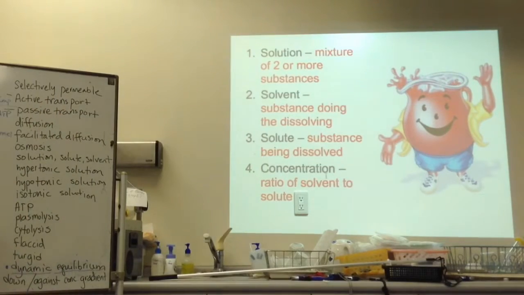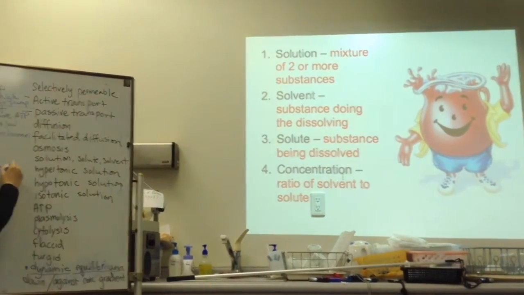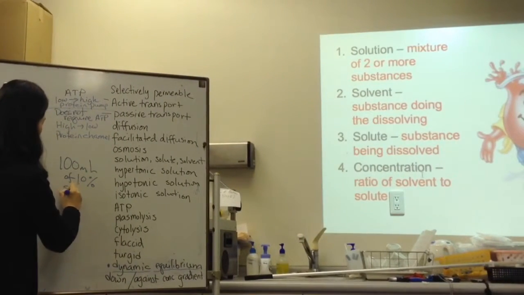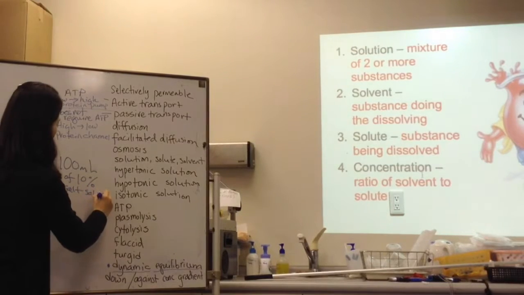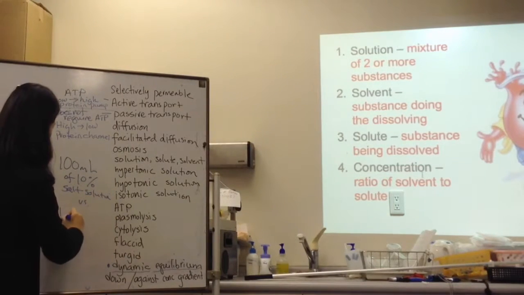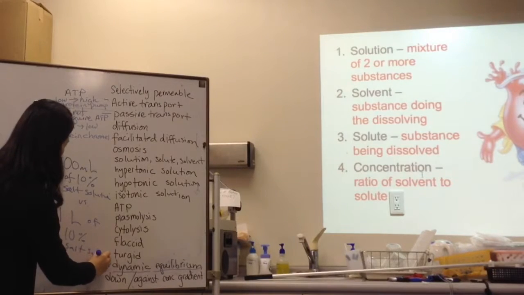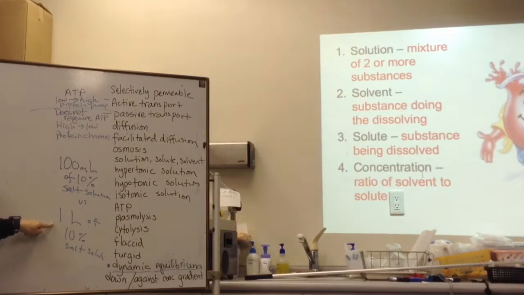For example, take 100 ml of 10% salt solution versus 1 liter of 10% salt solution. The concentration is the same, right? But to make 1 liter of 10% solution, you have to take 1 liter of water and more salt to bring it to 10%.